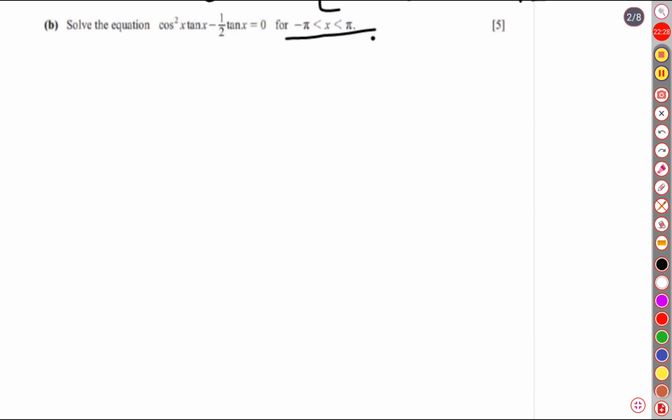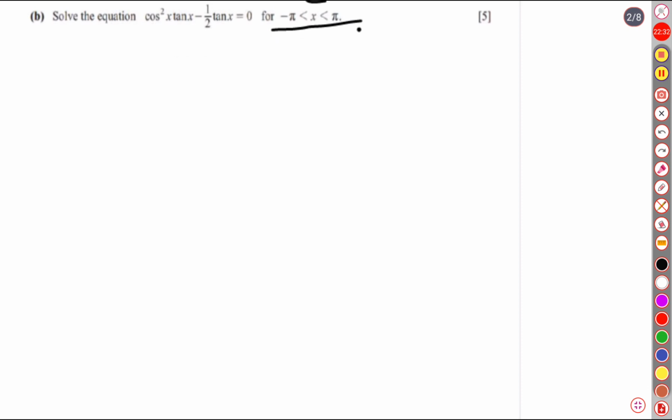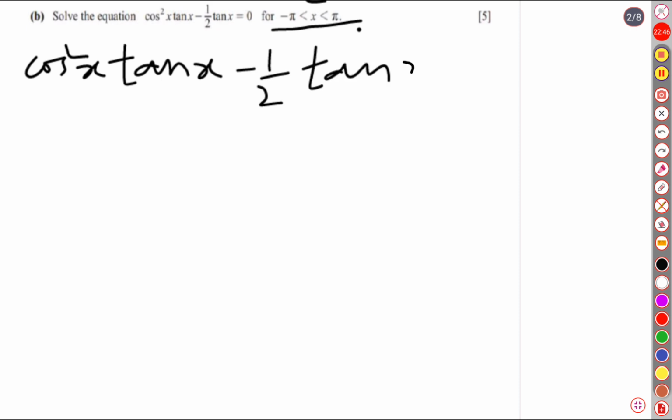Well, we can write cos square x into tan x minus half tan x equal to 0.